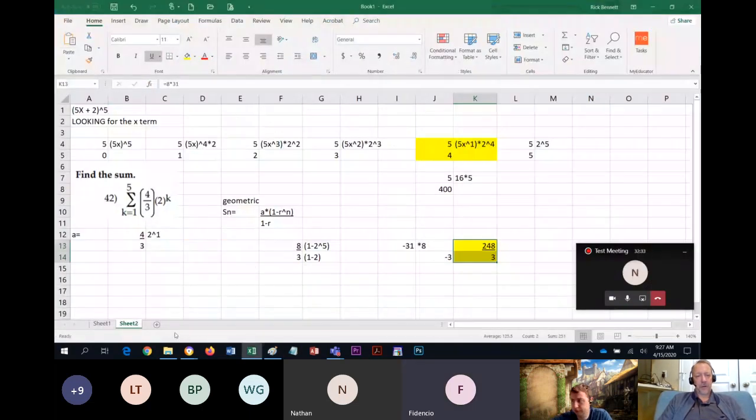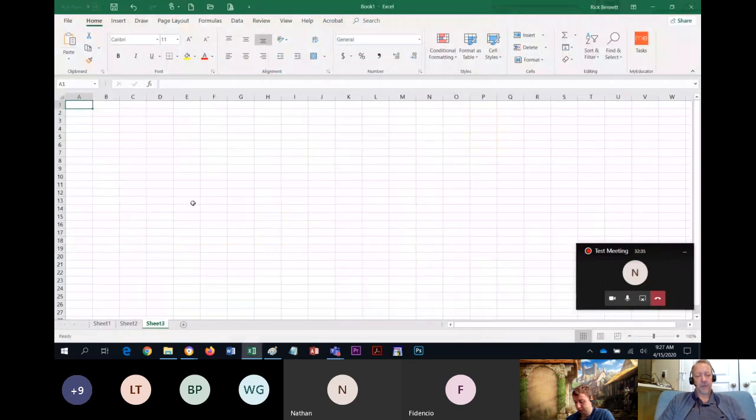All right, so we'll just open up a new page for this one. This one's also find the sum, but you just want to find the A term and the R term. R term should be super easy. Is it just 1/3? It is 1/3.